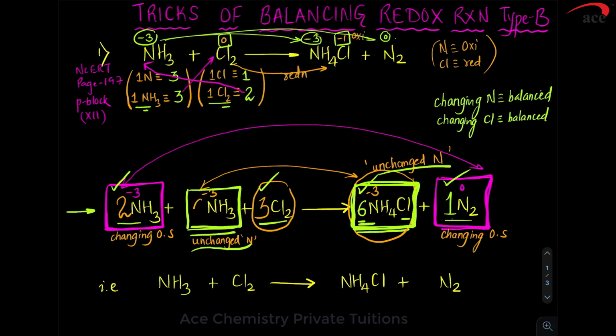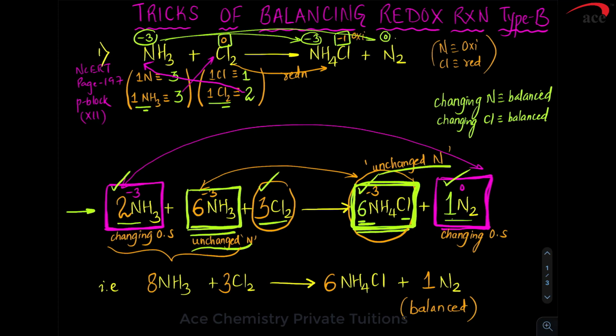So the number of nitrogen here also should be 6. Now everywhere we got the number. Now we write down collectively. How many ammonia are there? 8. How many chlorine? 3. How many ammonium chloride? 6. And how many nitrogen? 1. And if you check and verify, you will realize the reaction is balanced.